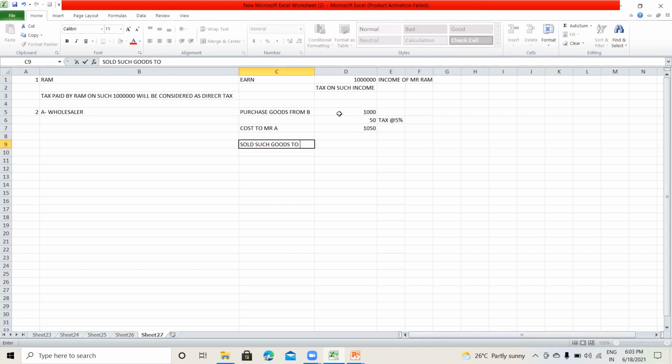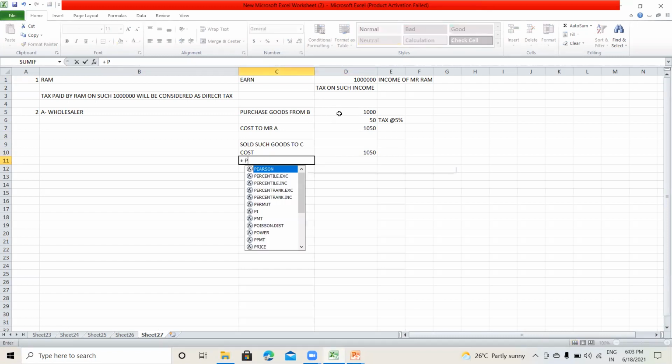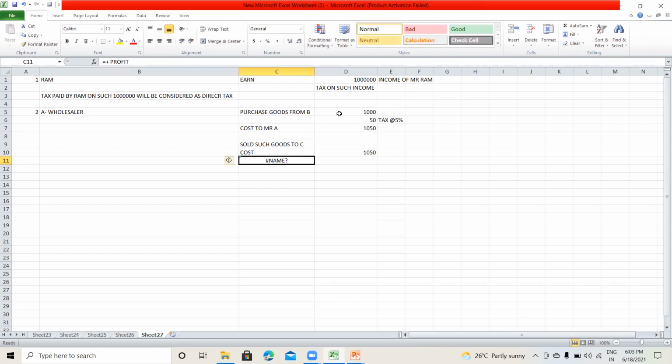Now Mr. A sold such goods to C. So he will charge the following amounts. Number one, the cost, which is 1050, plus he will charge the amount of profit also. For example, profit is 250 rupees.